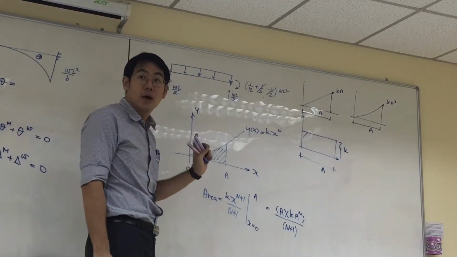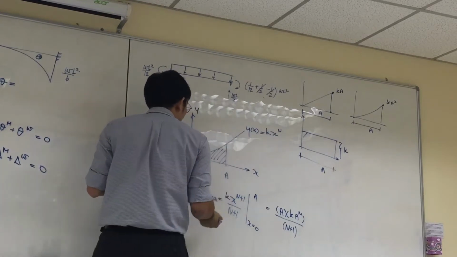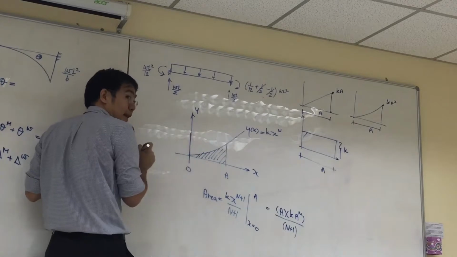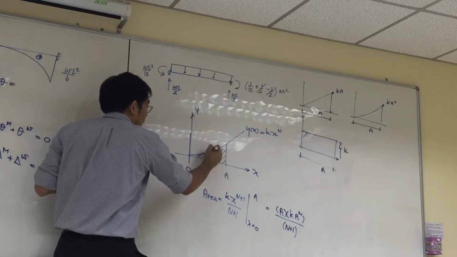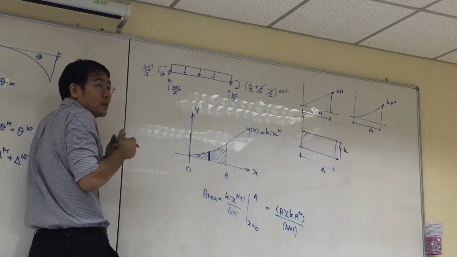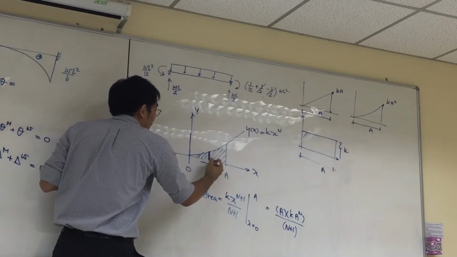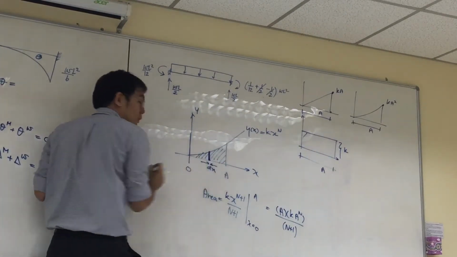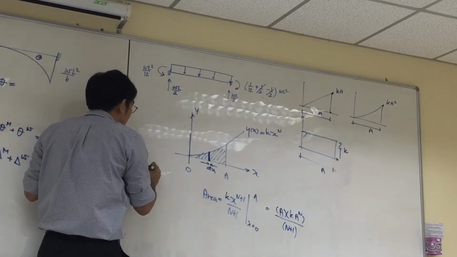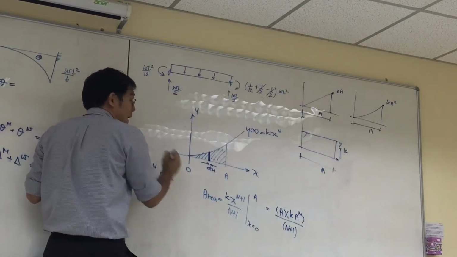Now if you want the centroid of the area, how do you obtain it? If you refer the centroid to this line, the centroid is obtained by taking the moment of the area. So you take this area, dx, the height is equal to kx to the n multiplied by dx.